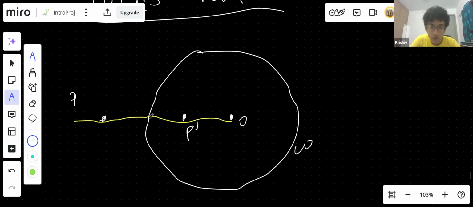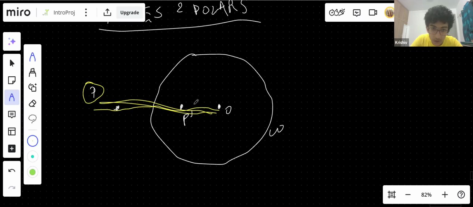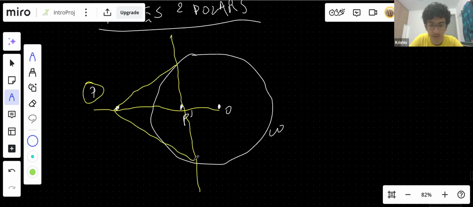What the polar of point P is with respect to omega: you draw the inverse, which is P dash, and you take the line perpendicular to OP through P dash, which is just this line, right? And this line is also the same line, which is the one with the tangents, right? Does that make sense? This is how I define the polar. Does that make sense? Yes.